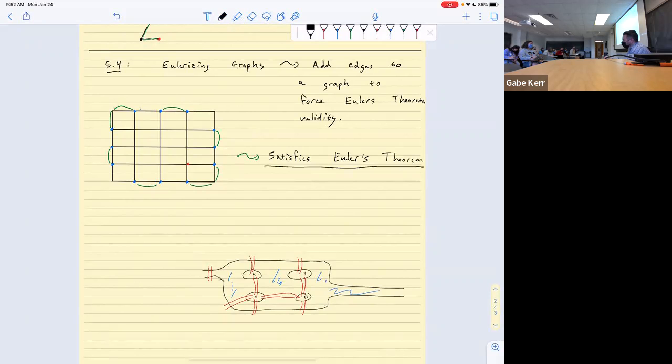But now let me ask you guys, some brave student, to explain to me what this does then, as far as answering the original problem, which is I want to be able to walk these streets only once. If I can't do that, what's the most efficient path?